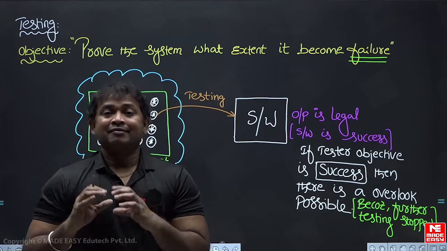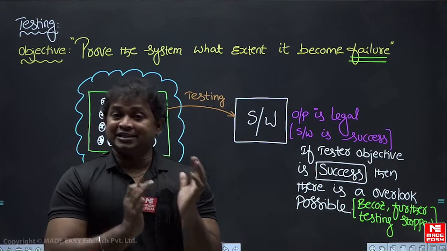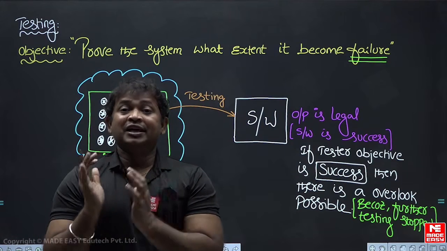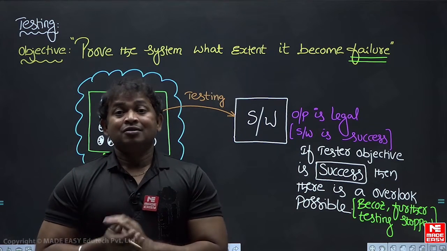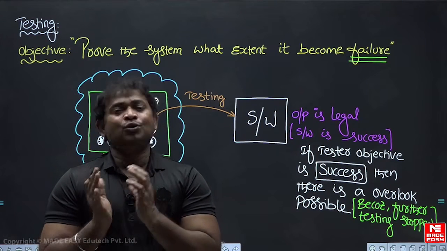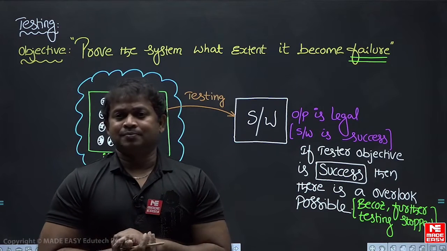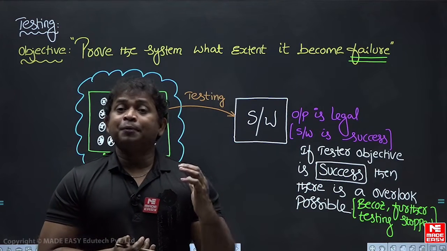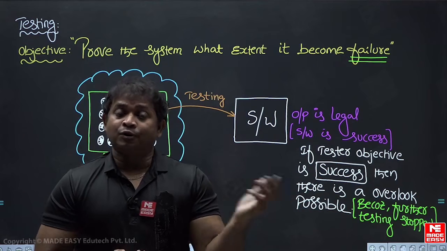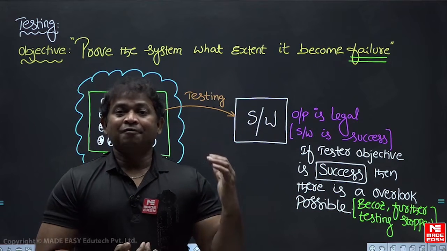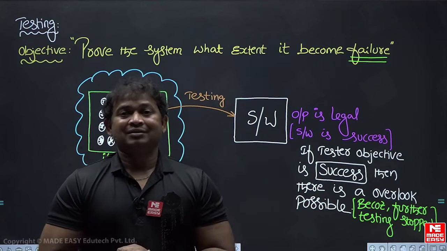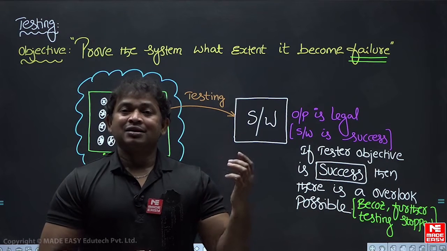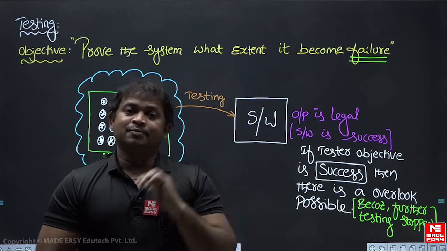The reason is, when the tester is going to test the system with the input domain, selecting one input from the input domain and testing the system, if the system produces the desired output, then the software is a success. When the software is a success, the tester's objective is satisfied.